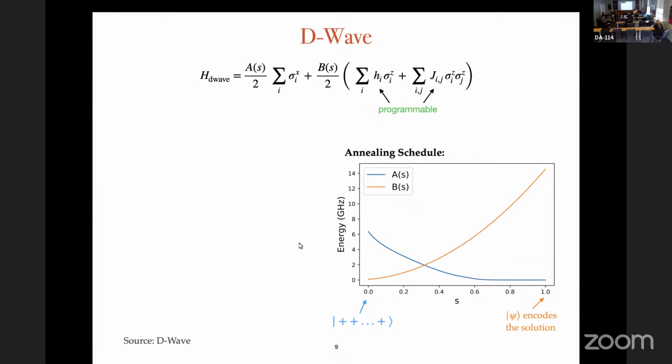The quantum annealing is realized by slowly, adiabatically tuning the AS and BS, where at the beginning of the experiment, AS is at its largest value and BS is 0. So your qubits are in the ground state of the product state in the X basis. And as we start the annealing process, we adiabatically tune down the AS and turn up the BS. At the end, AS is 0 and BS is at its maximum value. The qubits are supposed to be in the ground state of the Ising Hamiltonian that you programmed into.